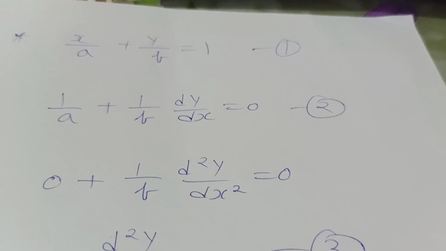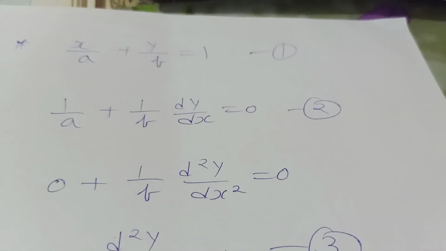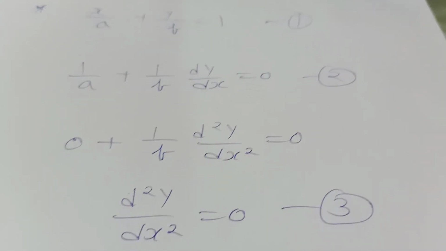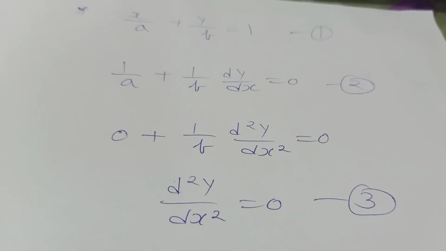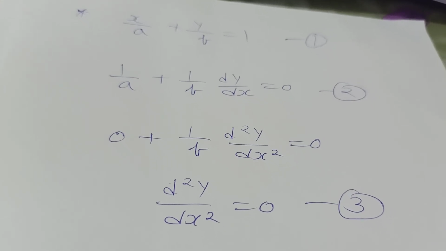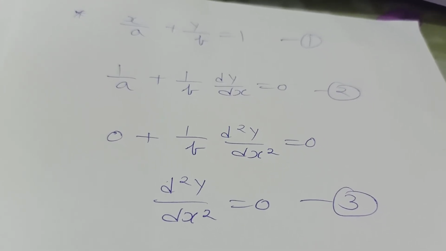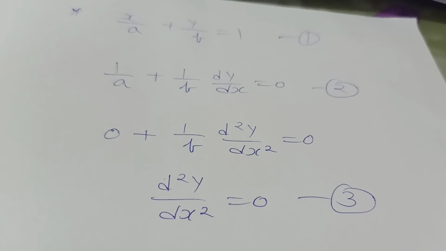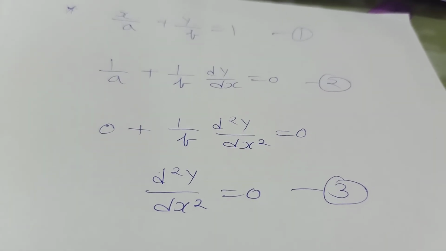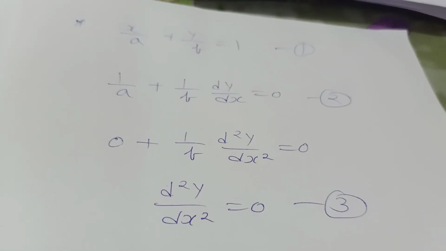The first time we will get 1 by a plus 1 by b dy by dx, and the second time we will get 0 plus 1 by b d2y by dx square equal to 0. That means d2y by dx square equal to 0. Thus we have three relations 1, 2 and 3. Now in 3 we see that it involves a derivative and is independent of parameters a and b. So it is our required differential equation.